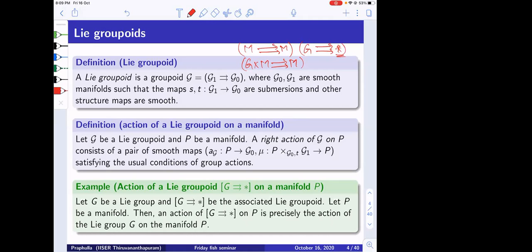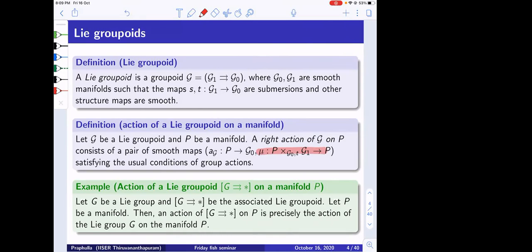Similar to the setup of Lie group action on a manifold, we also have a notion of action of a Lie groupoid on a manifold, that's given by the following pair. Usually a Lie group action is given by a map from P cross G to P, satisfying the usual group action conditions.